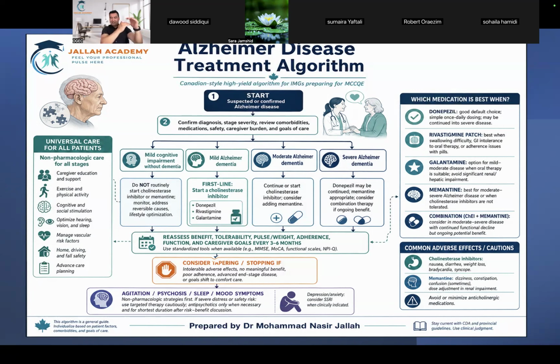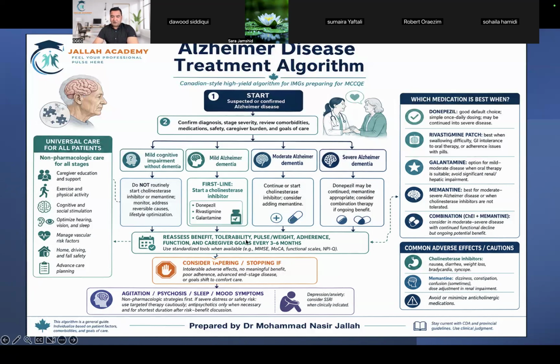But once memory is involved, which is the amnestic subtype of the mild case, you start a cholinesterase inhibitor, which is donepezil, rivastigmine or galantamine. If this doesn't help, you can think about adding memantine, and in the severe stage as well. But if the patient comes to you and the mini-mental status score is 15, you start with memantine.